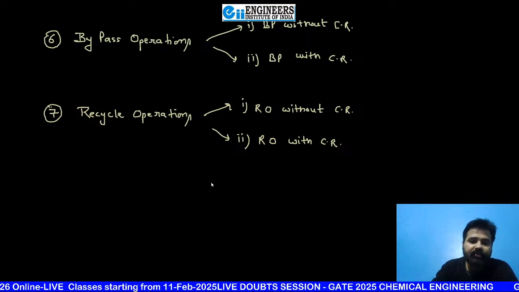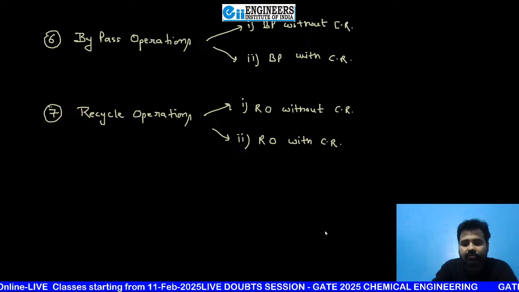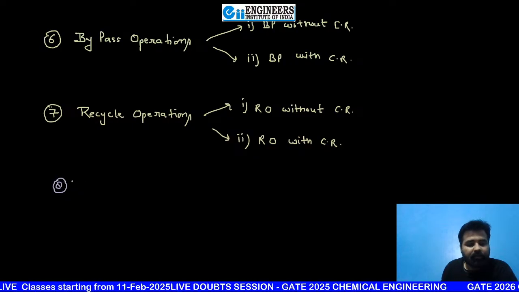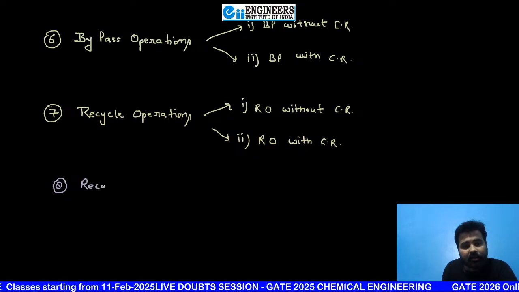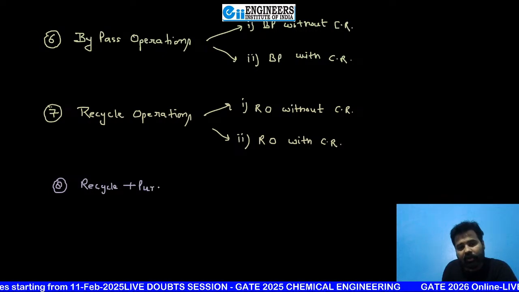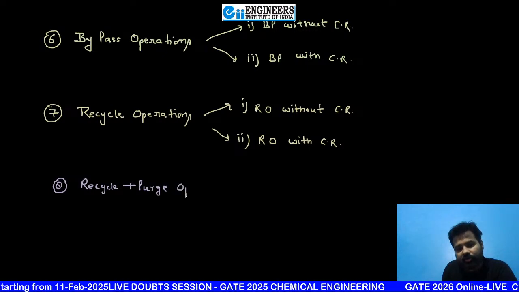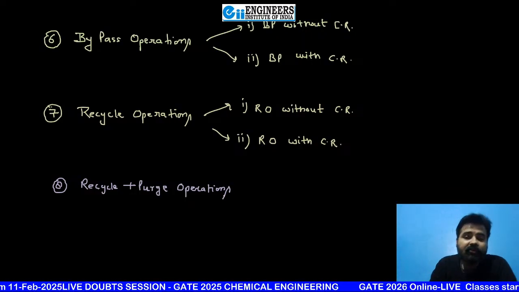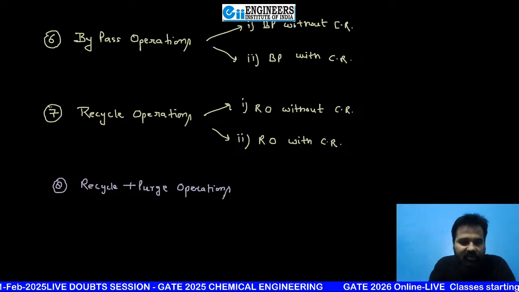Okay, my dear students. Now after this, chapter number 8 will come, that is recycle plus purge operation. That means now purge is also there. Purge operations. And here mostly you will see chemical reactions.